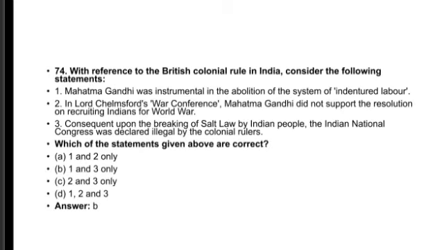Here I am showing some of the examples, some of the patterns in which the questions are asked. These questions are actually from the Civil Service 2019 prelims exam. The questions can be in any format. Like in this question, they have given three statements and are asking which of them is correct.